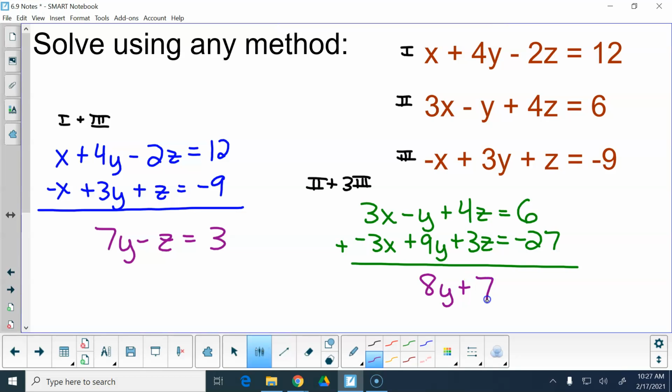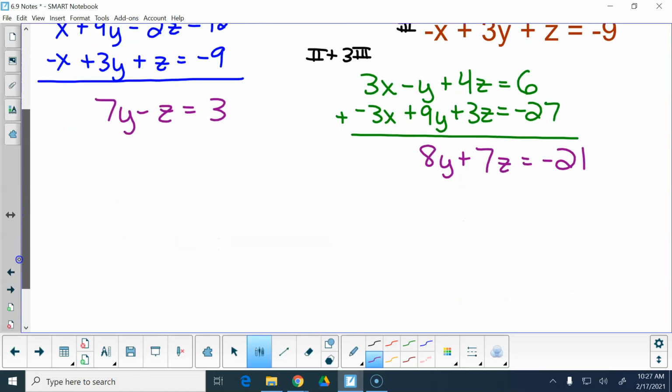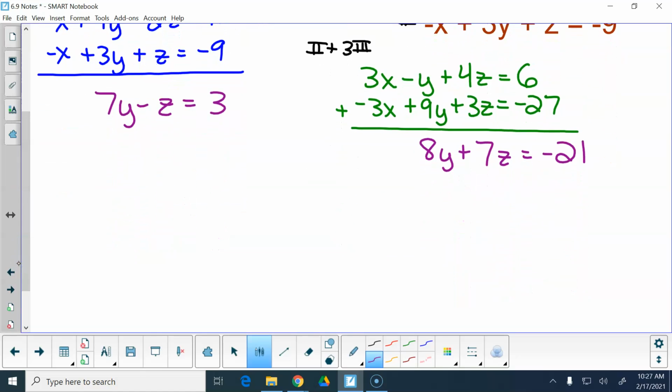Eight y plus 7z is negative 21. Then I would take this equation and multiply it by 7.